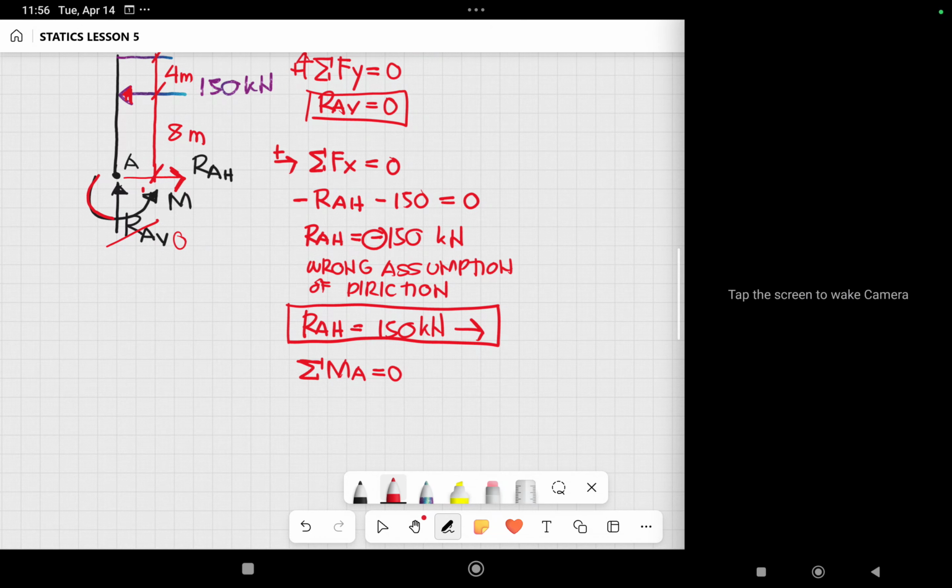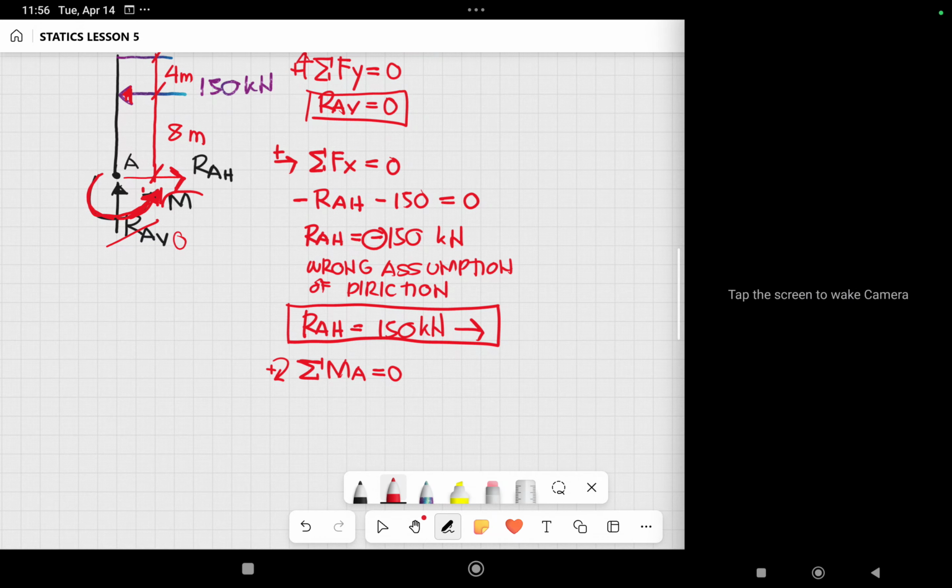Kapag meron kang nakadrawing na parang counterclockwise or clockwise arrow, kapag nag-summation moment ka, clockwise, positive. Kapag nag-summation moment ka, kailangan ipakita mo yung nag-exist na moment at that point.